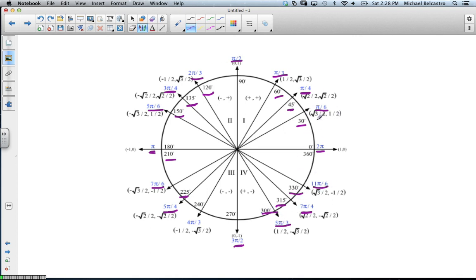Now the reason that they have these coordinates here, what they're doing is telling you if the radius was 1. Let's say our radius is equal to 1. So we have a circle that has a radius of 1 all the way around. This measurement is 1. Well, if we were to create a right angle triangle out of this, our radius is 1.